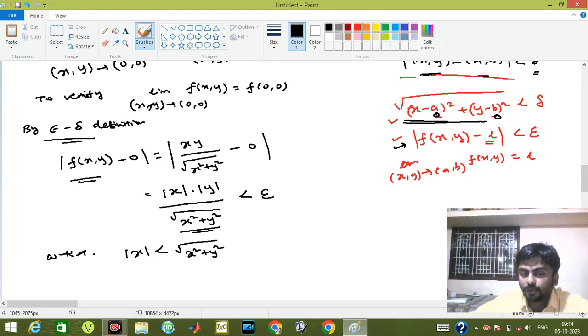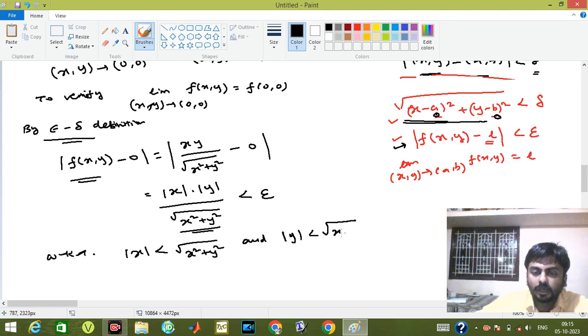So we are trying to promote that result here. Also, the modulus of y is less than the root of x square plus y square. The modulus of x is less than the root of x square plus y square, and the modulus of y is also less than the root of x square plus y square.